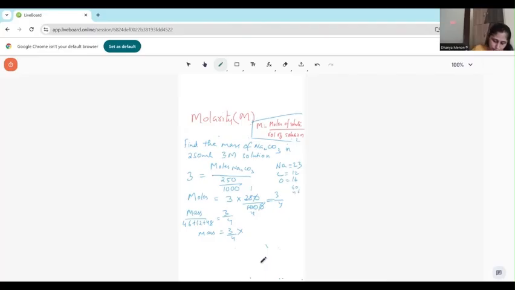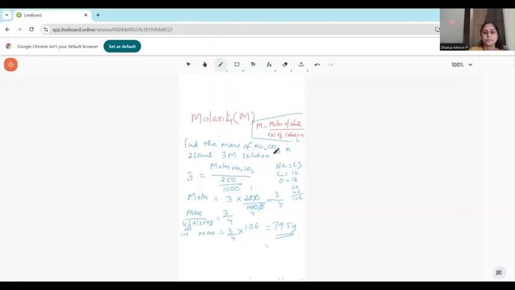This one comes to 106, which is equal to 79.5 grams. Okay. So this is how you find out the mass when all other information is given.